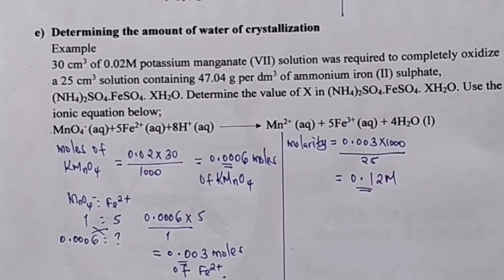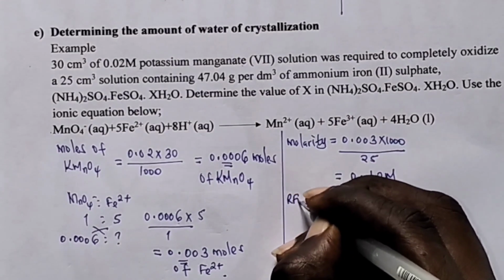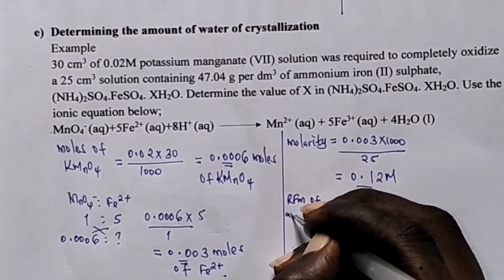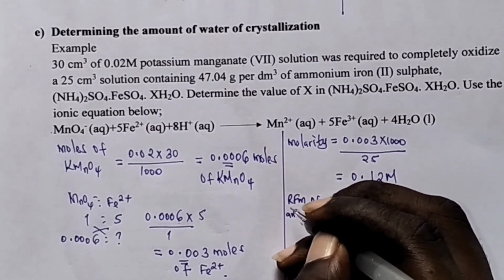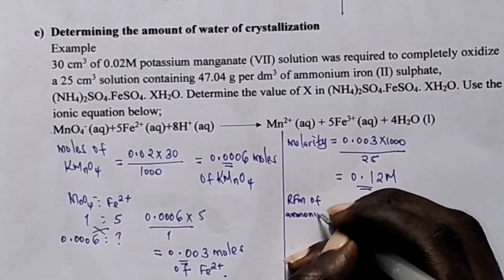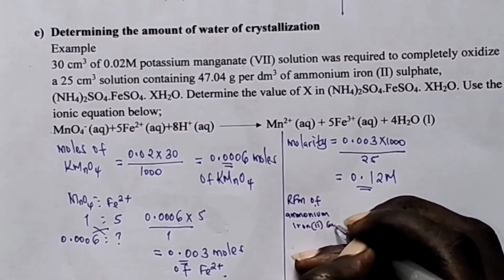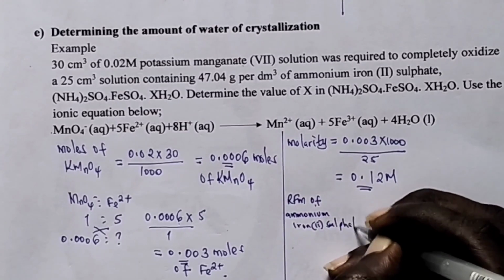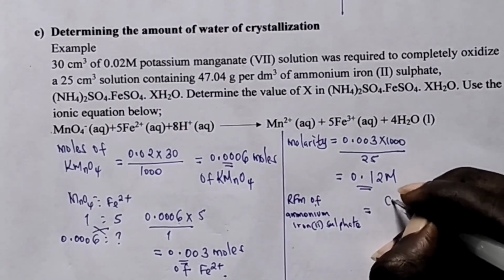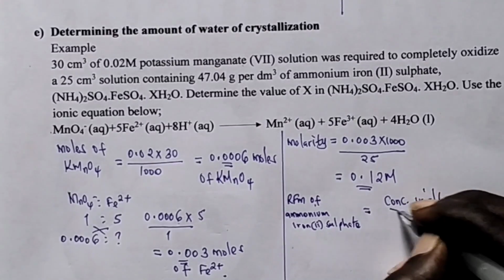Thereafter we are going to get the RFM of ammonium iron(II) sulfate. How do we get RFM? RFM is given by concentration in grams per liter divided by molarity.